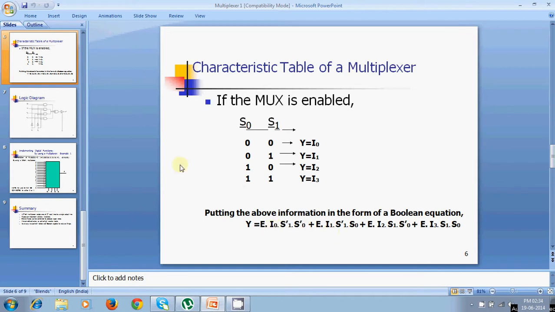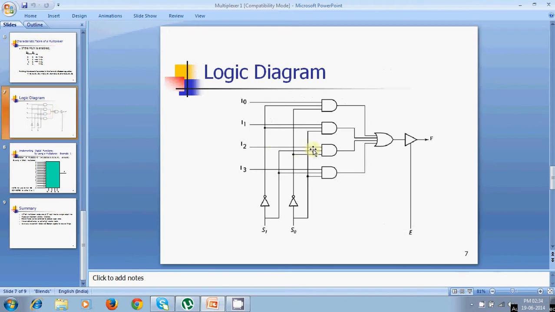From this Boolean equation, we can draw the logic diagram using basic logic gates. This is the basic logic diagram of the 4:1 multiplexer.